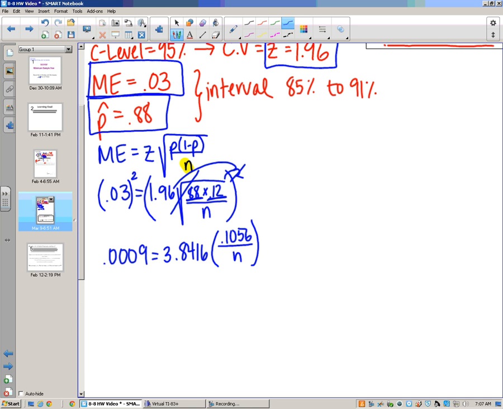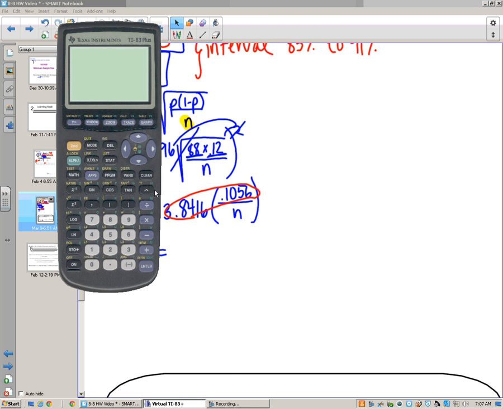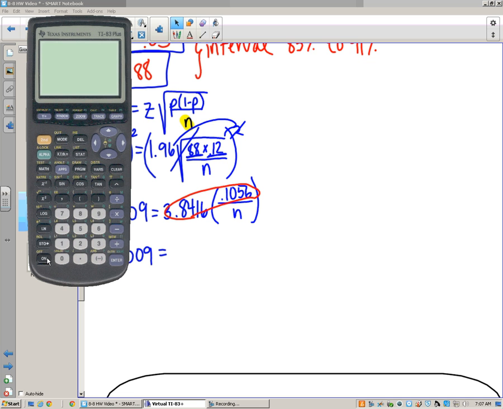Now I'm still trying to figure out what n is. So I have 0.0009 equals, and I'm going to multiply these two numbers together, 3.8416 times 0.1056. In my calculator, I get this long decimal, 0.40567296, over n.